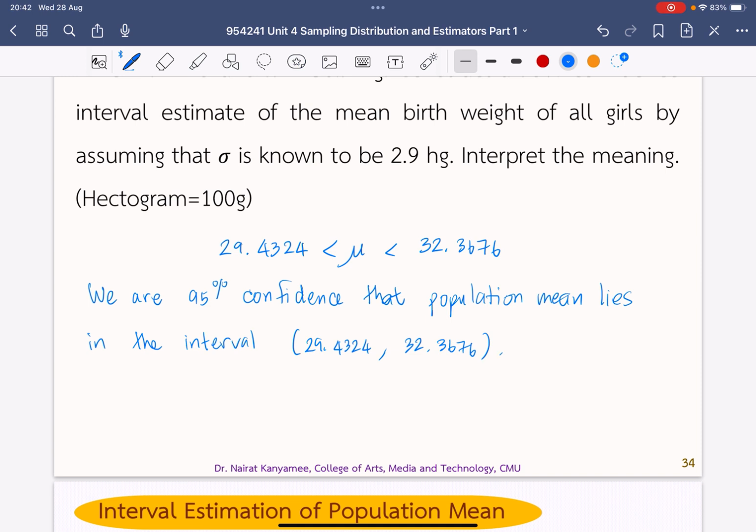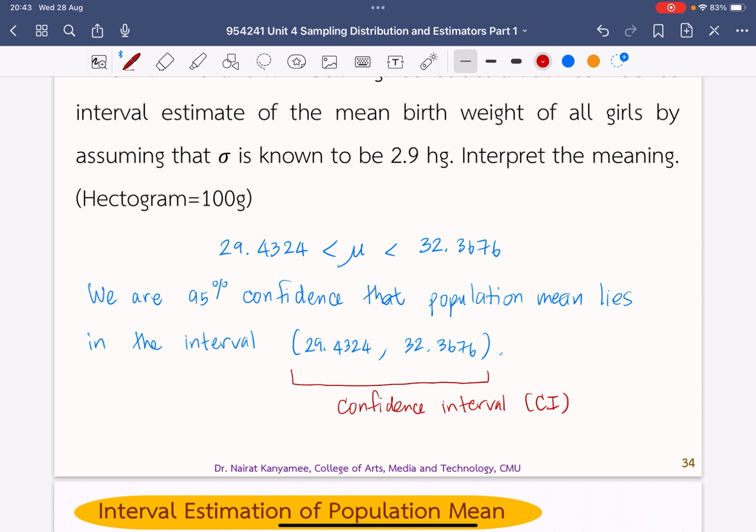The mean must lie in here. We are 95% sure, 95% confident. And here we call it confidence level, confidence interval, or CI, with 95% confidence level.